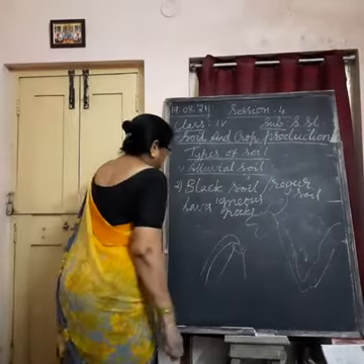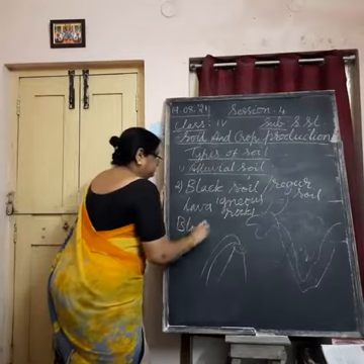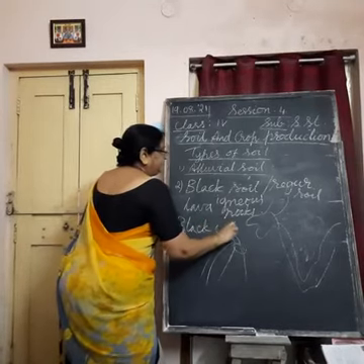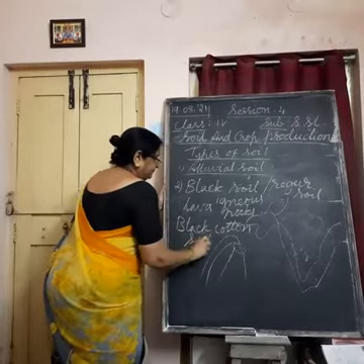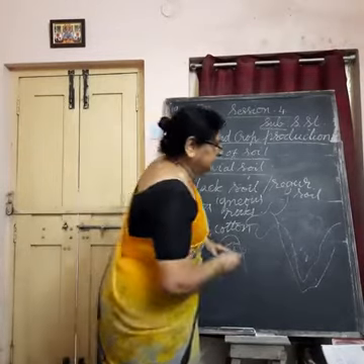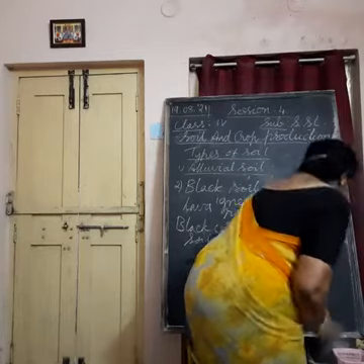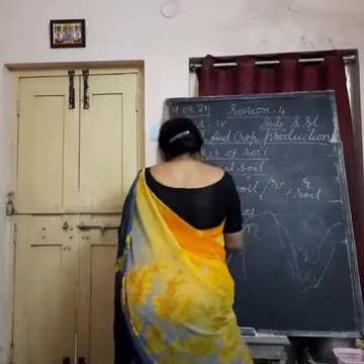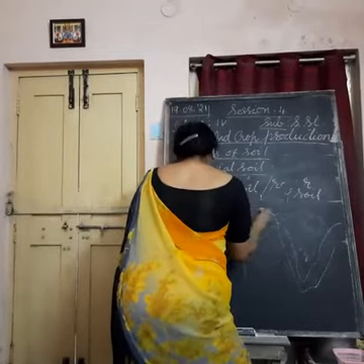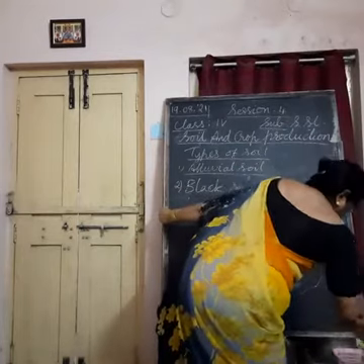So it is also known as black cotton soil. We can call it even black cotton soil also. And this soil is very fertile for the growth of cotton.